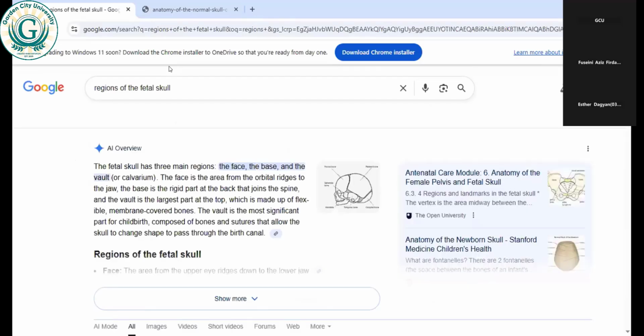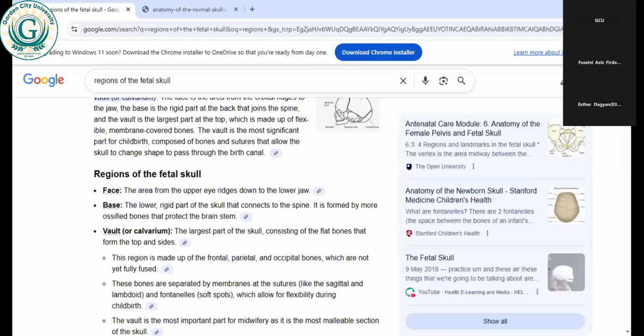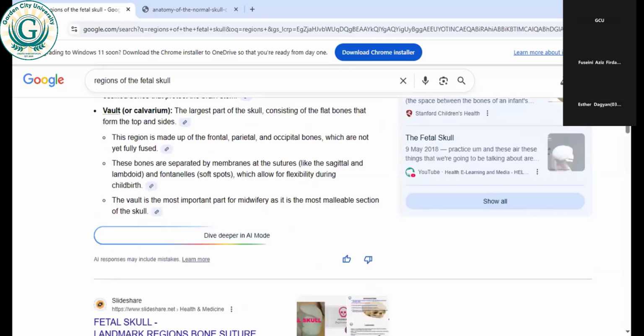The part below the occipital protuberance is known as the suboccipital region. Something that is under something is called sub.